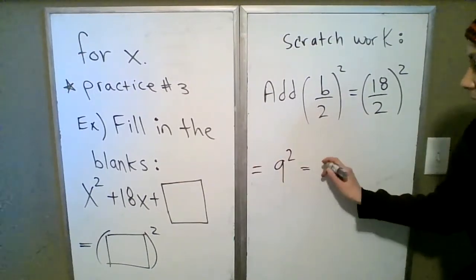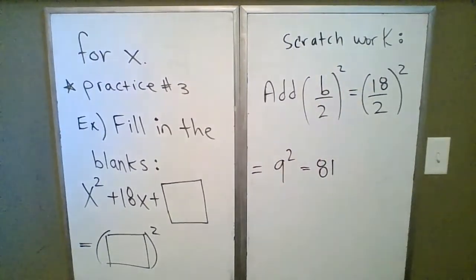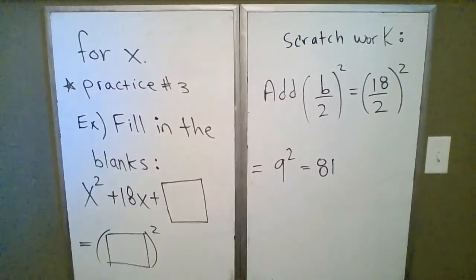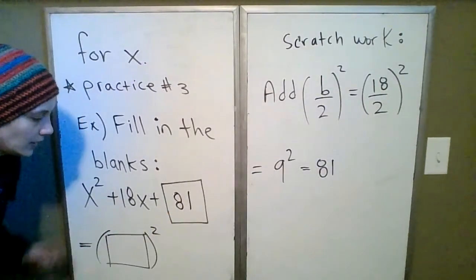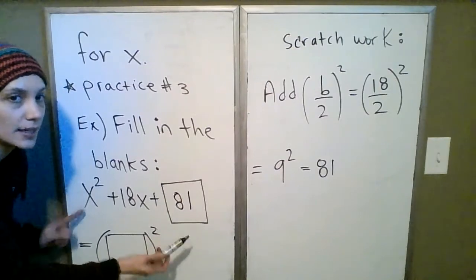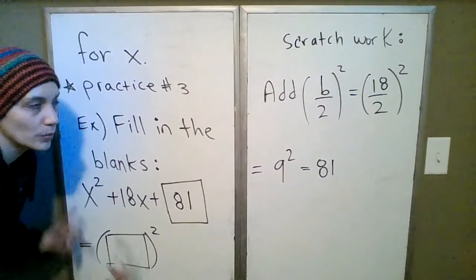So I want to add 81. And by adding 81, I can write this as some value multiplied with itself.